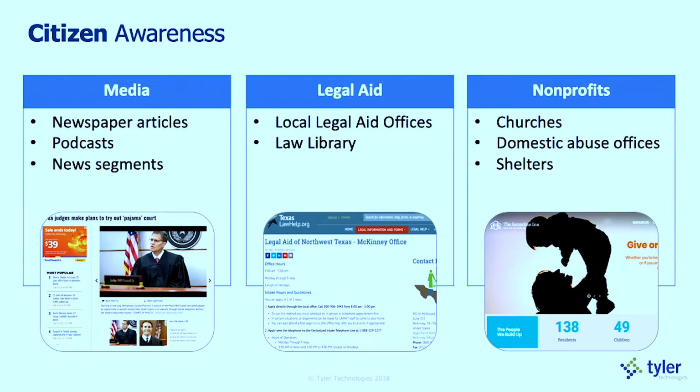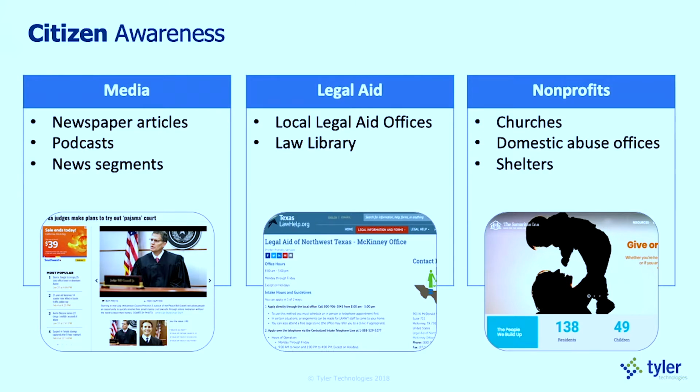But getting your legal aid offices to understand what this is, why you're doing it. A lot of times these people have engaged in the legal aid process, so they feel comfortable there. And if they're getting the information from legal aid, they understand what it means and how it works, and even your law libraries that you have in the courthouses. And then the last one I put here is some of the nonprofits.